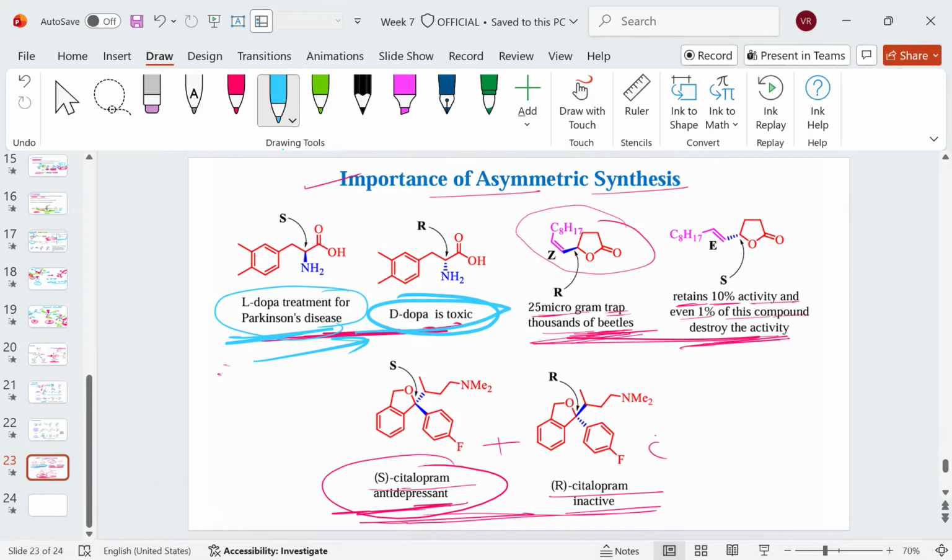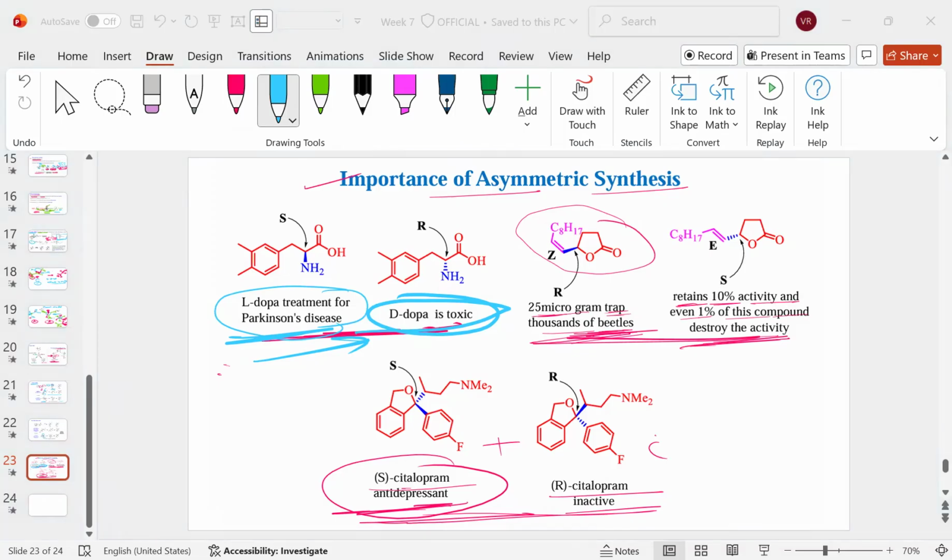And we have seen some examples. We have to use stereospecific reactions for the preparation, or we have to use purification in such a way that we can isolate only the one pure required product, not the racemic. Therefore, it is important to study this asymmetric synthesis.